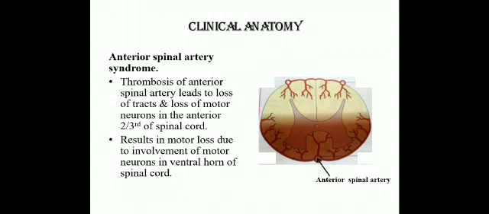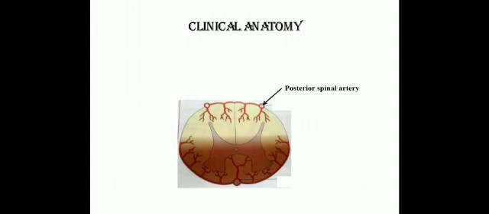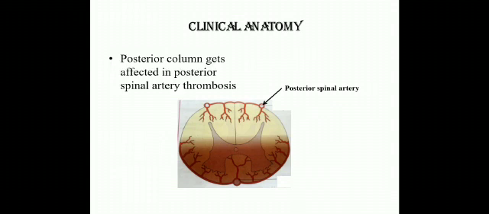That results in motor loss due to involvement of motor neurons in the ventral horn of the spinal cord. So, that leads to the anterior spinal artery syndrome. The posterior spinal artery supplies the posterior 1/3 of the spinal cord, and if it gets affected, then it causes the posterior spinal artery thrombosis.